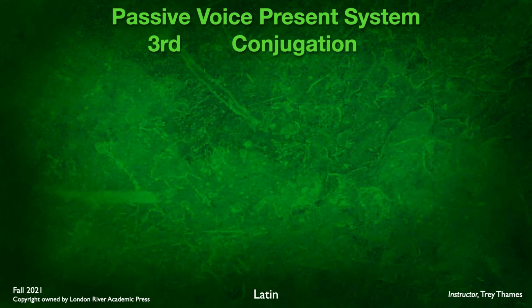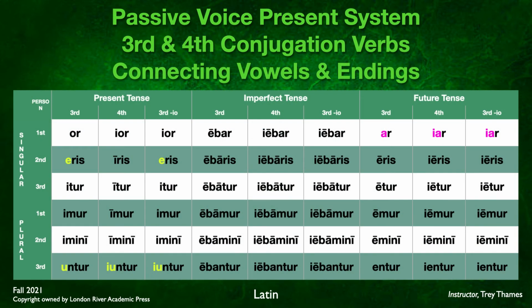Now, here's another chart, just another way of looking at it. This is all of the conjugations and their connecting vowels. So you can sort of see this side by side. In present tense, you have OR, IOR in fourth, and third IO, IOR. So you can see how they're similar to one another and where they're different. Second person singular present, you have eris, iris, eris.